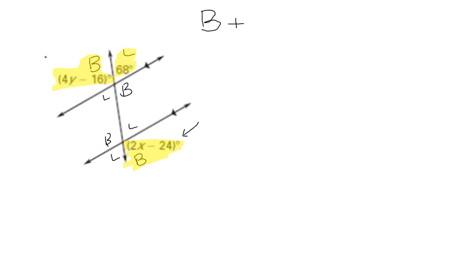Because x is a b, I'm going to solve for x first. We're not going to be able to use this because it has a y in it. So we're going to need to use the L, and we're going to need to use the equation b plus L equals 180. For now, we're just going to hold on to this separately. We'll use that when we have to solve for y.